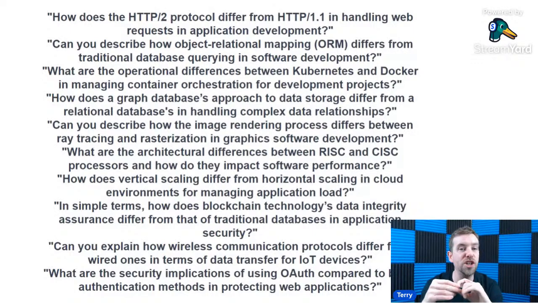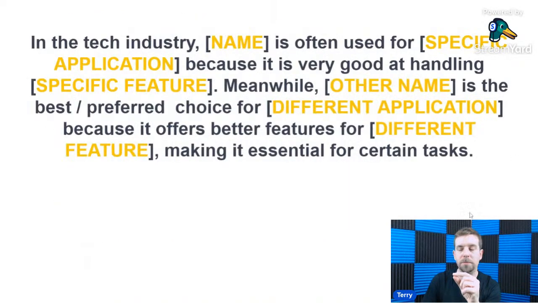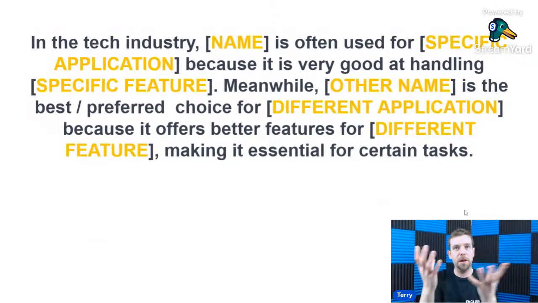What are the operational differences between Kubernetes and Docker in managing container orchestration for development projects? How does vertical scaling differ from horizontal scaling, right? So you have different technical aspects that you need to compare. Well, you need to compare two of them in one answer in a job interview, okay?